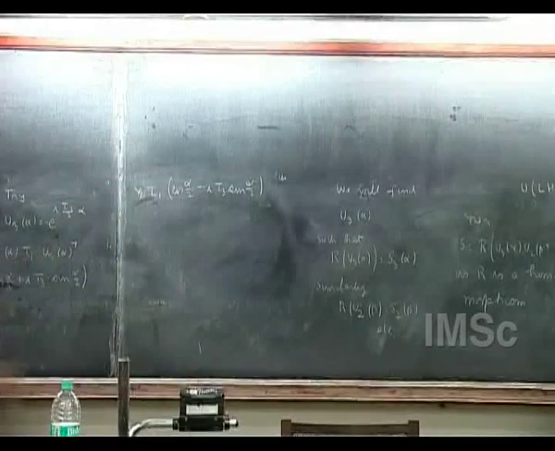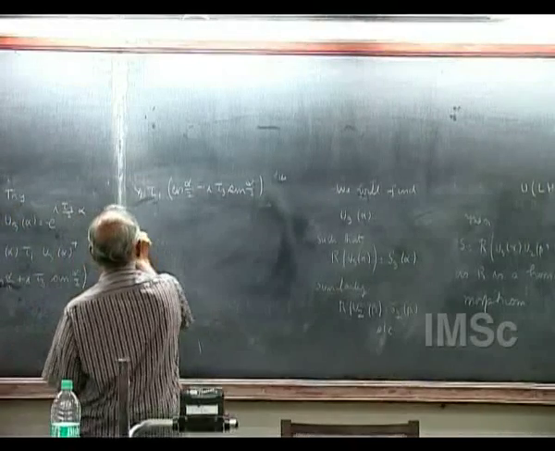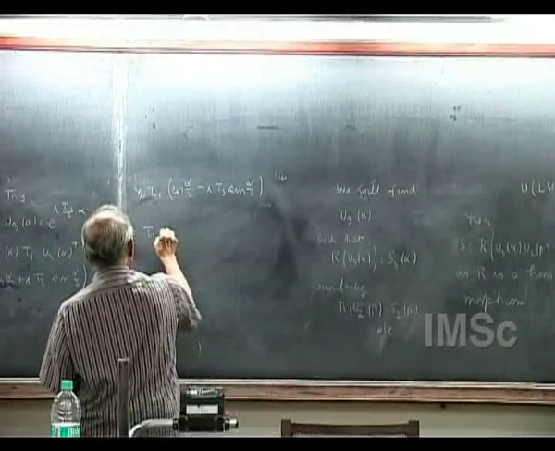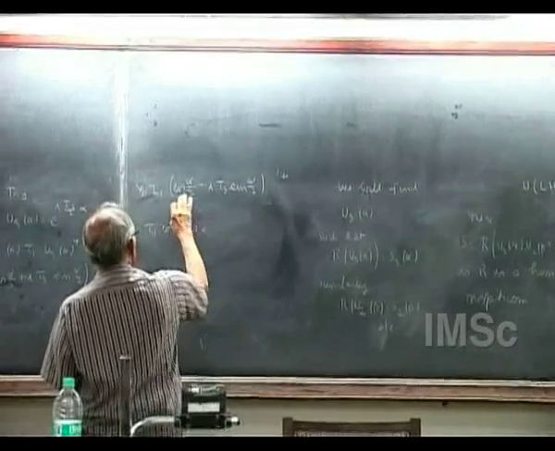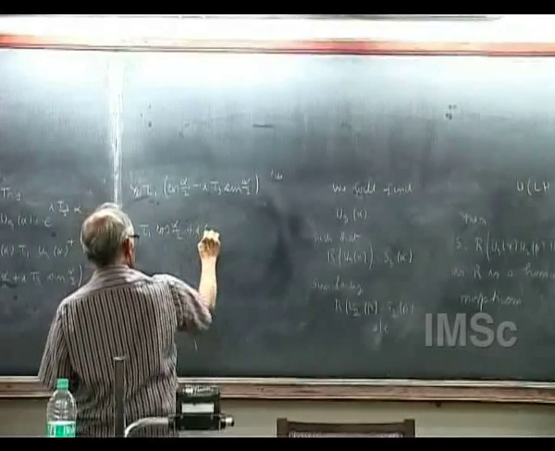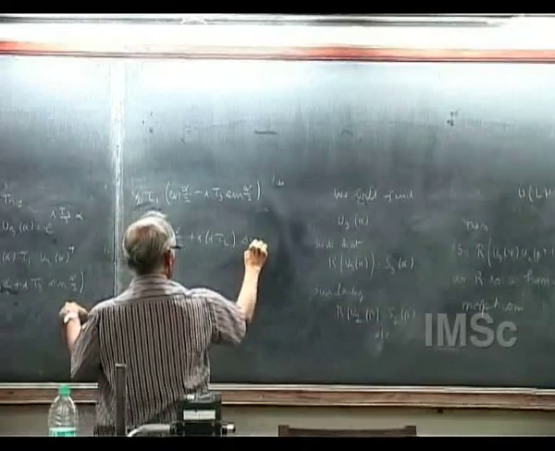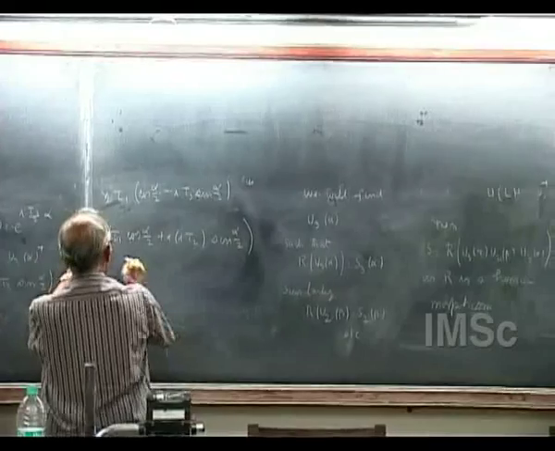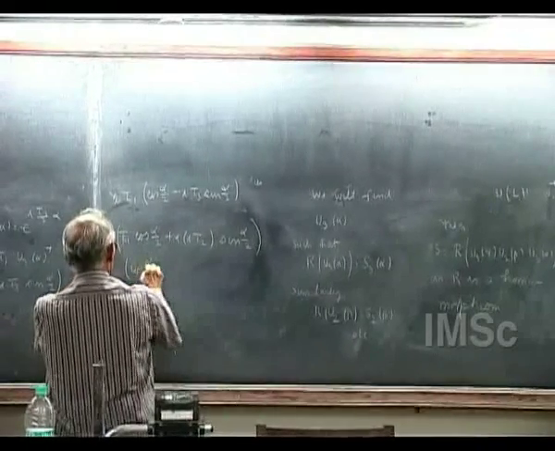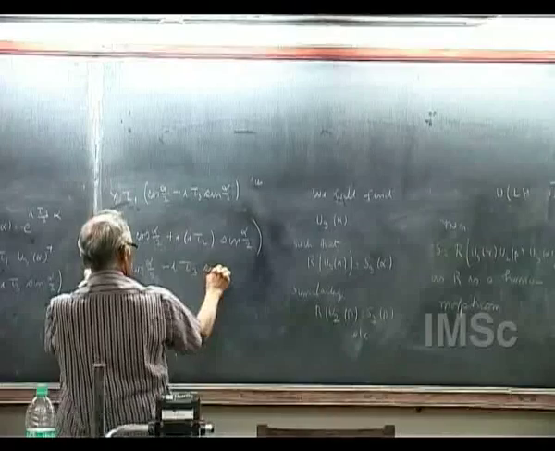Let us see whether we get that formula. Let us simplify. First I multiply by tau 1, which is equal to tau 1 cos alpha over 2 plus I tau 3 tau 1, which is I tau 2, sin alpha over 2, multiplying cos alpha over 2 minus I tau 3 sin alpha over 2.